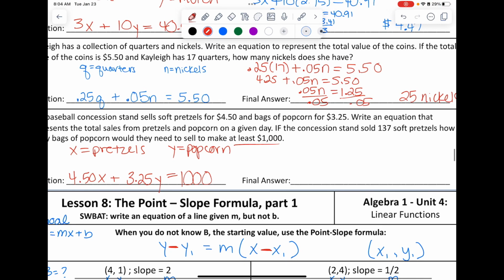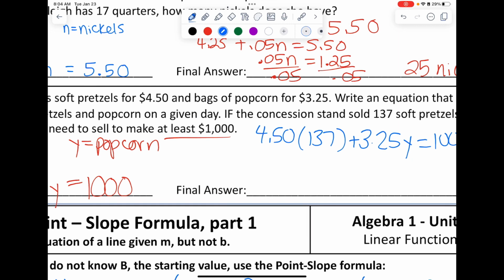And then if we sold 137 soft pretzels, pretzels is X, we're going to plug that in for X. Multiply that 4.50 by the 137 to get 616.50.